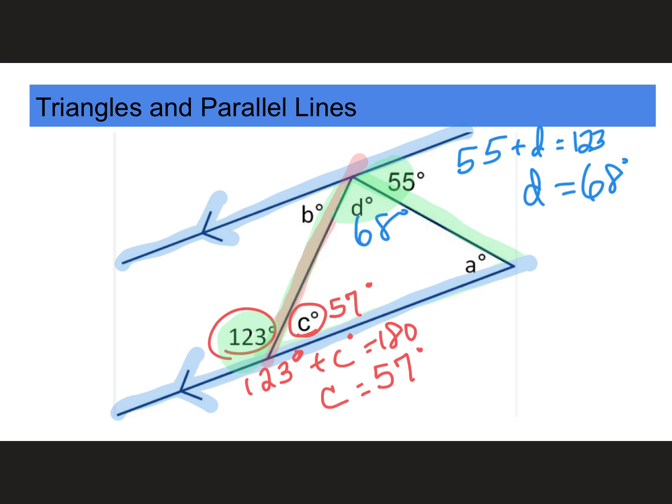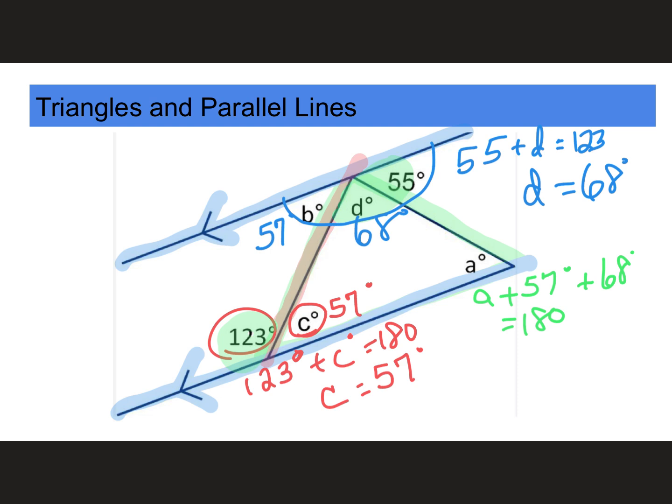Now I also know that all three of these angles here must equal 180 degrees because it's a straight line. So I know that this one must be 57 degrees. And all that leaves me with is A. For A, I just know that A plus 57 degrees, my angle C, plus 68 degrees, my angle D, must equal 180 degrees, because that's the interior angles of a triangle.